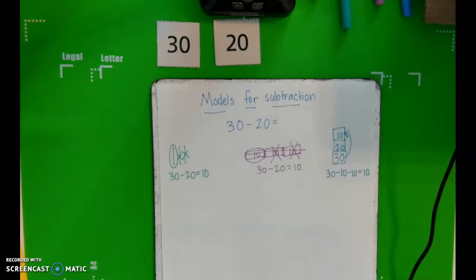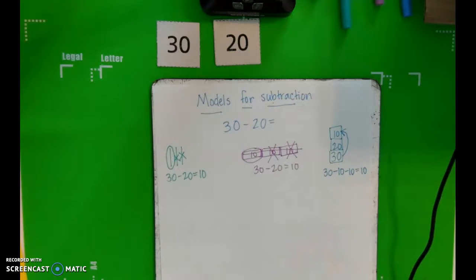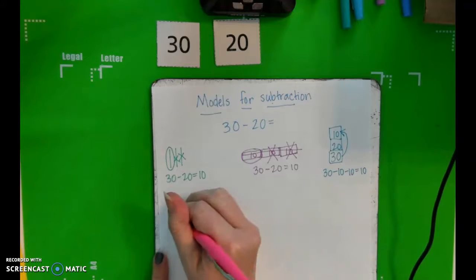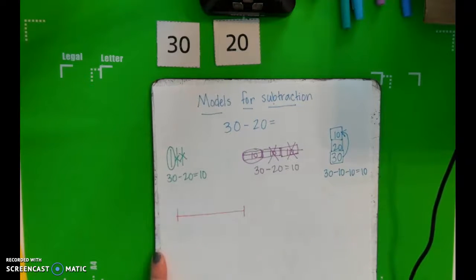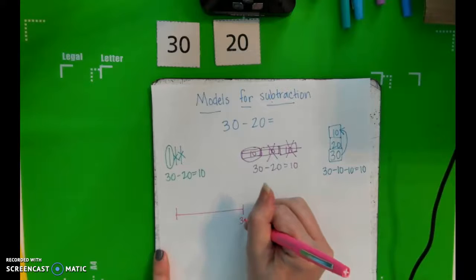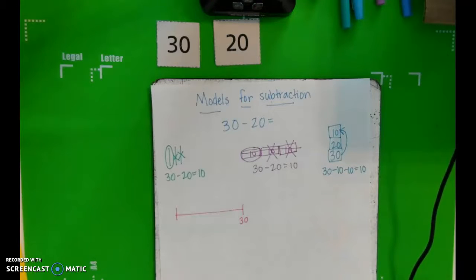But we can draw an open number line on our paper. So maybe you wanted to draw a number line that ended at 30. I don't want to draw one that starts at 30 because I'm subtracting. I'm going backwards. So I want to draw one that ends at 30. Now I need to take away 20.